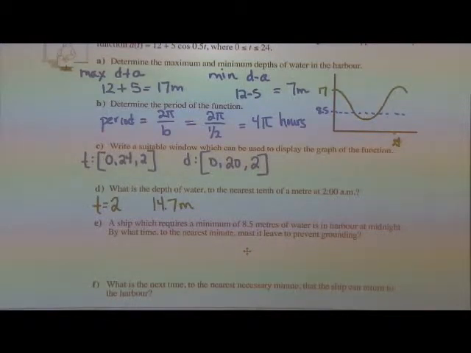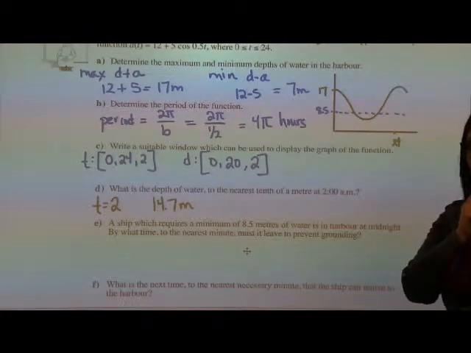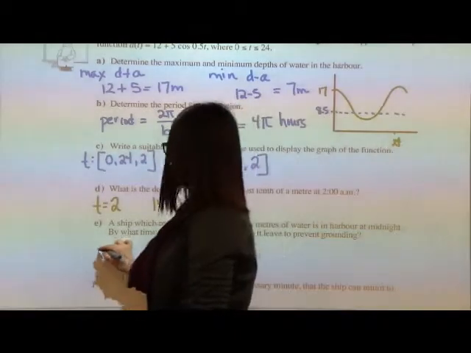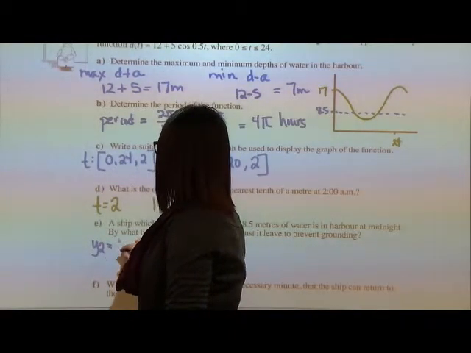What intersection point do I want to find? Do I want to find the first one, the second one? What do we assume? You find the first one. So let's find the first intersection. We let y2 equal 8.5, and we find the intersection.